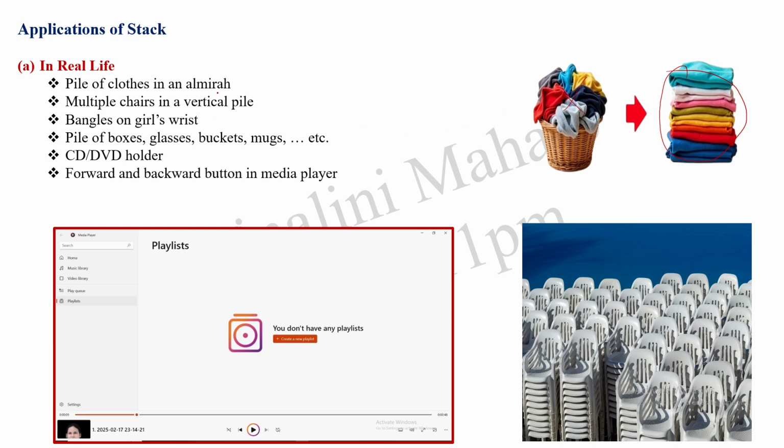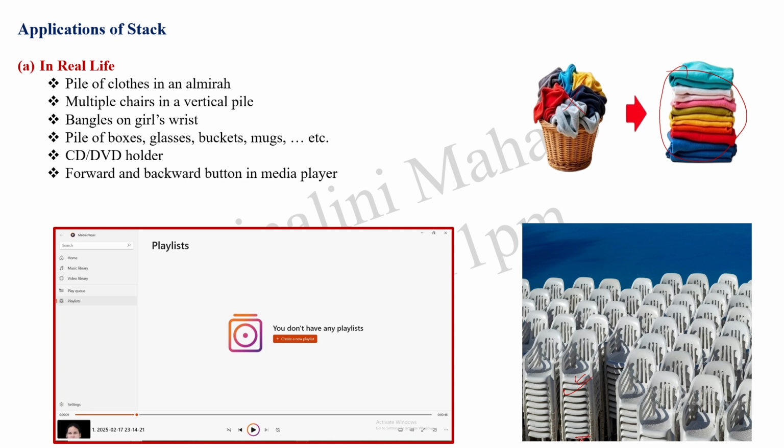So in the almirah, piles of clothes. Now chairs, whenever you arrange them like this. Now tell me, whatever you kept in the last, can you take out first? No. Okay, so that is why, whatever chairs you kept in the first, can you take out last?